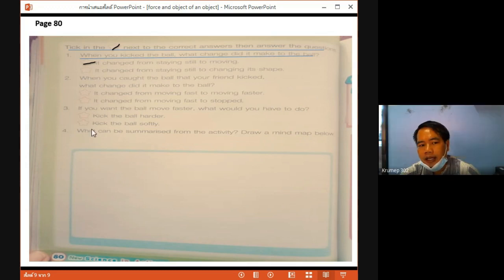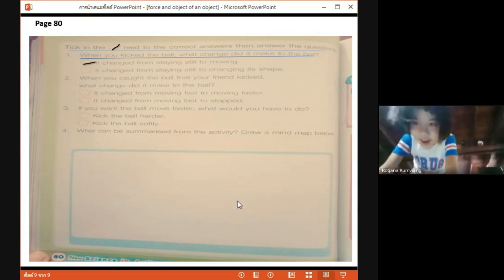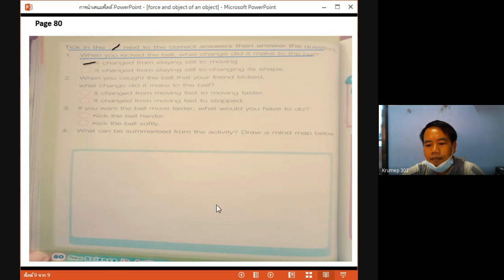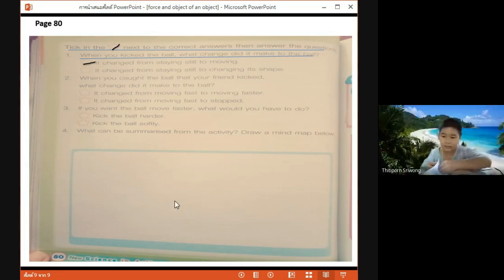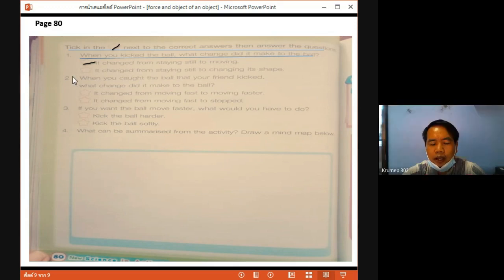You summarize the activity on page 79 and then draw it here. Understand? Number four. Okay, kindly do number two, number three, and number four.